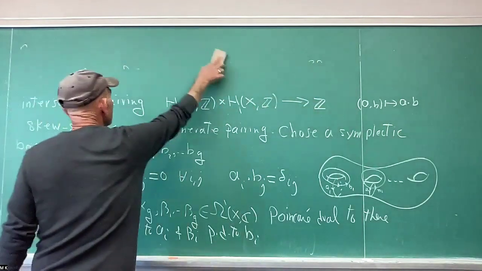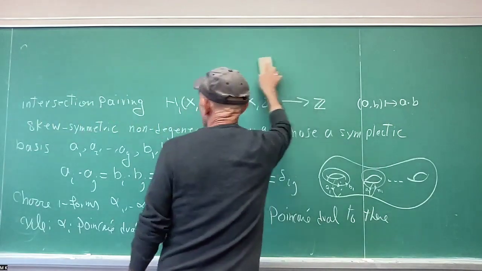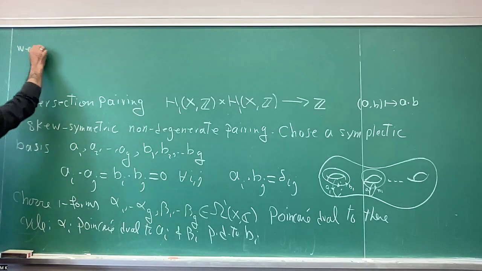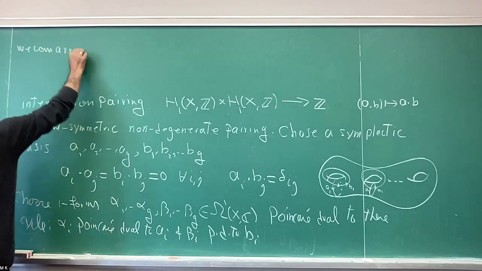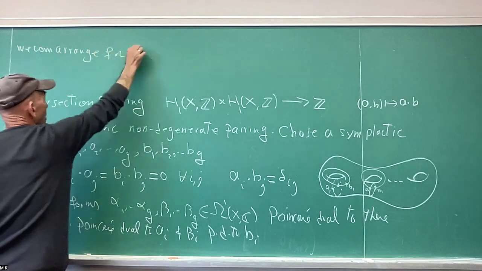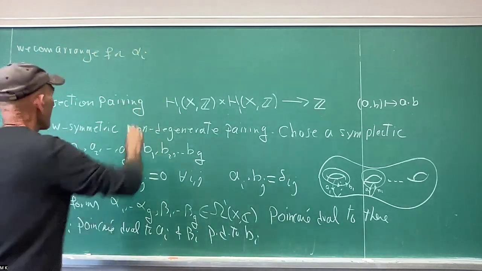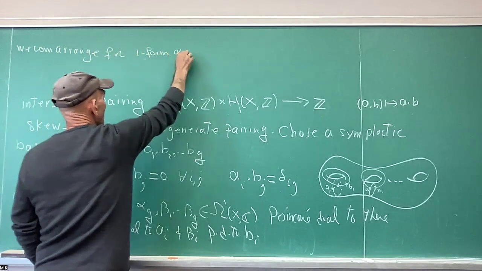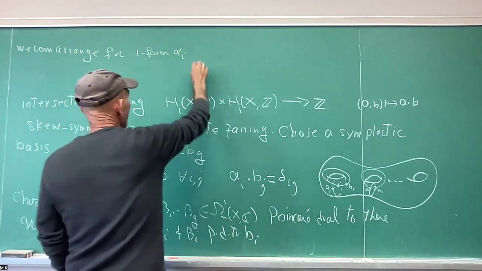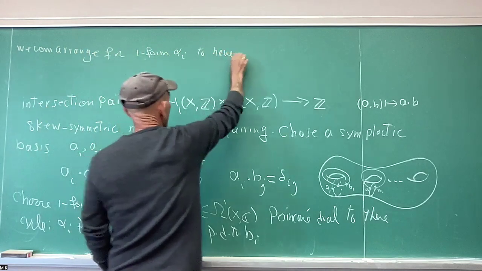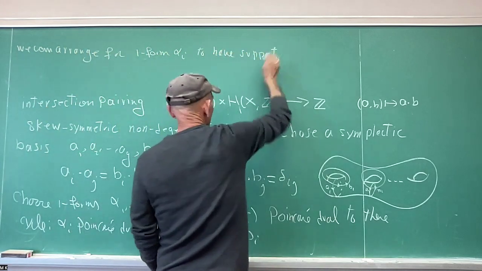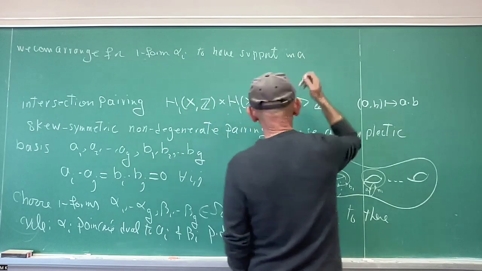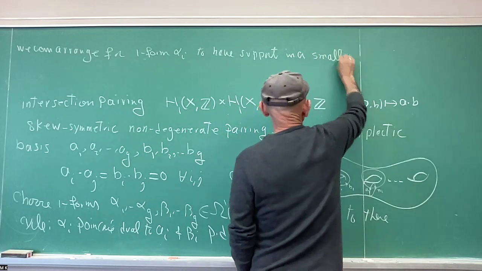So then, let me put it this way. We can arrange for one form alpha I, let me emphasize, to have support in a small neighborhood, as small as you want.